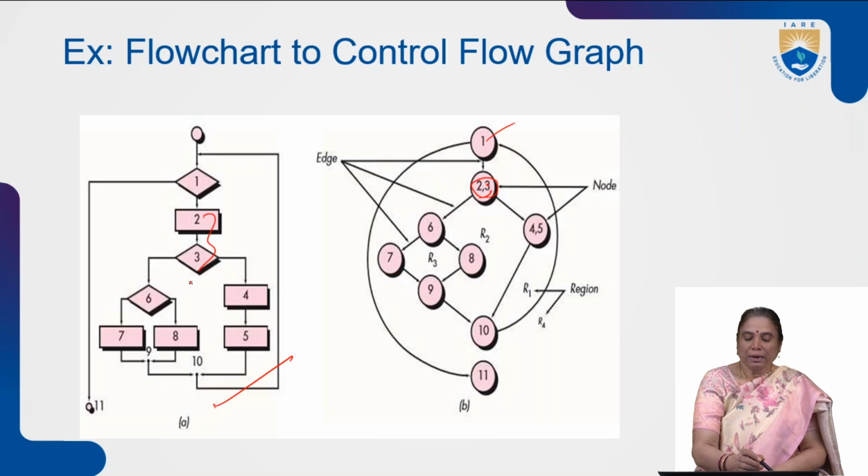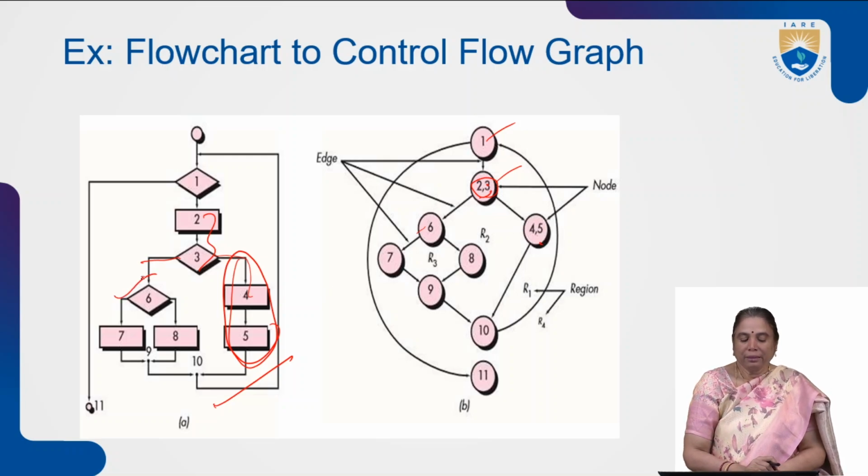Next, after condition checking, two paths are elevated. So this is the condition checking and two paths are elevated. And here 4 and 5 are a sequential path, so they can be combined as a single node. One more condition is checked at the 6th place, so the 6th node has the condition with more than one exit.